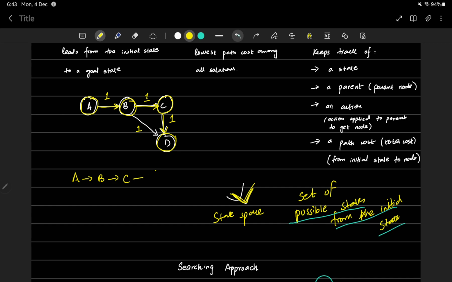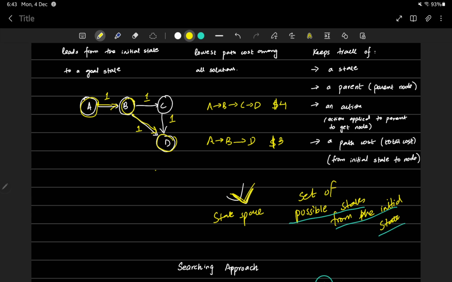Now, one thing that you might have noticed is there was another thing. When I went from A till B till C till D, the total cost was $4. But if I go from A to B and then directly D, then my cost is less, right?